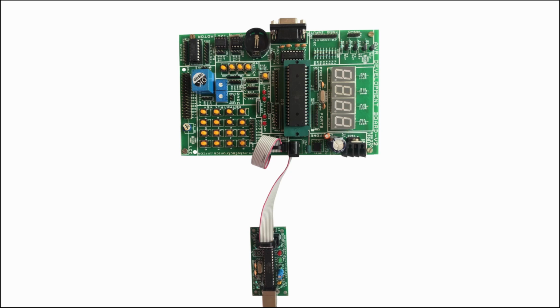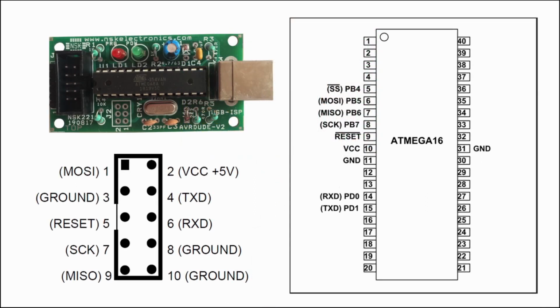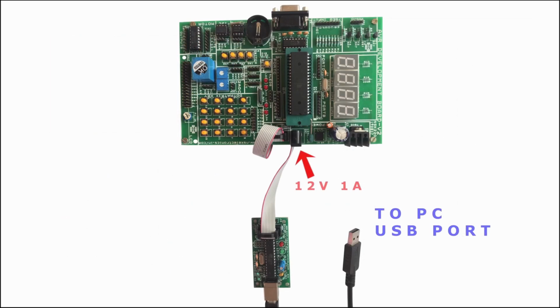If you do not have a development board, or if your development board does not show this JTAG terminal, you can directly connect the terminals of the USB ASP programmer to your microcontroller pin nodes as per this circuit diagram. And you can build this circuit on a breadboard for programming your ATmega16 microcontroller. After that, power up your development board using an external 12V 1A adapter.